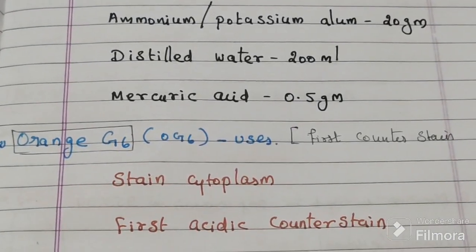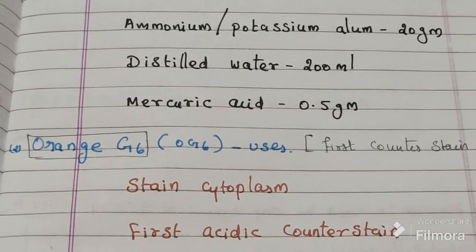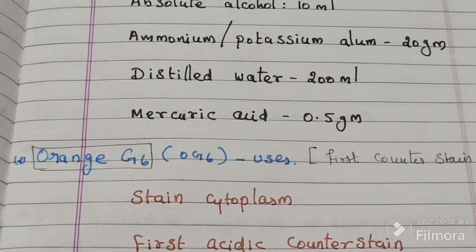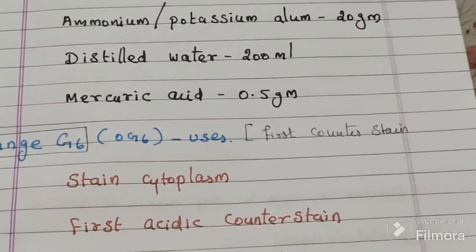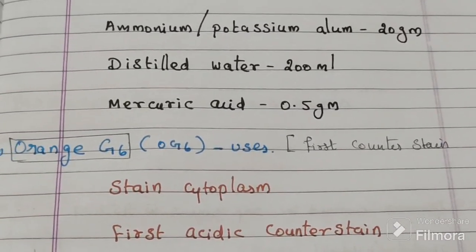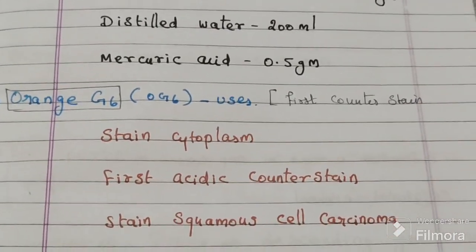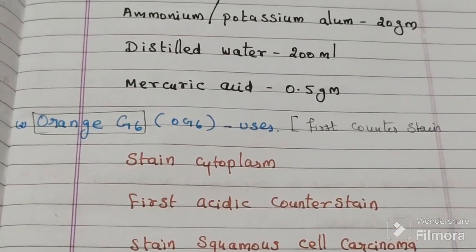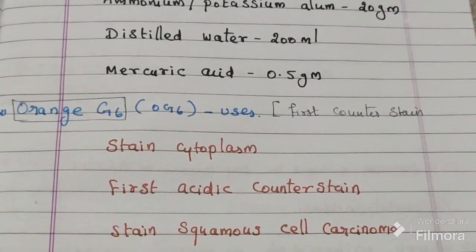Second dye is orange G, OG6. This acts as the first counterstain. Here OG6 is used for staining the cytoplasm.